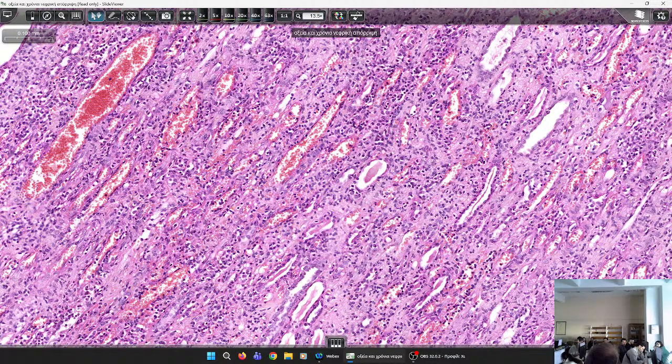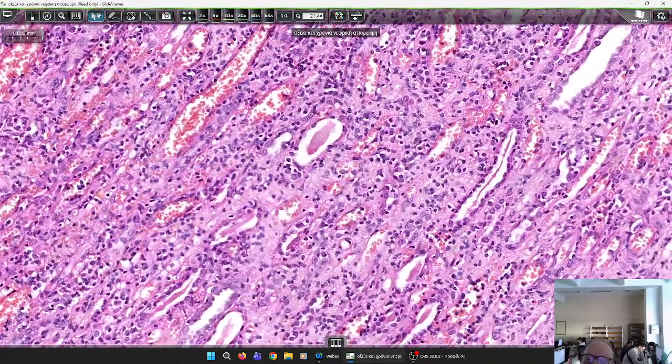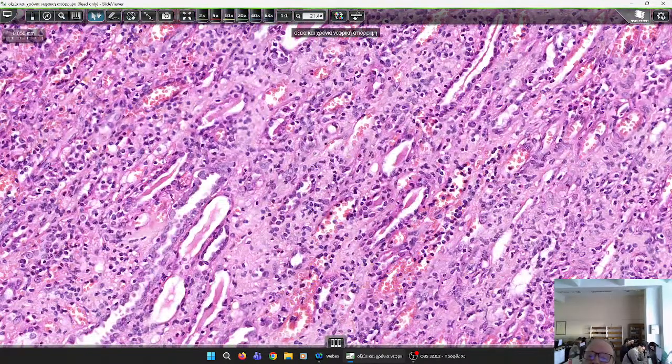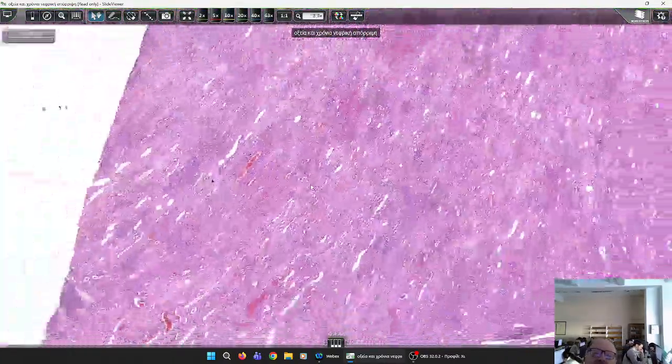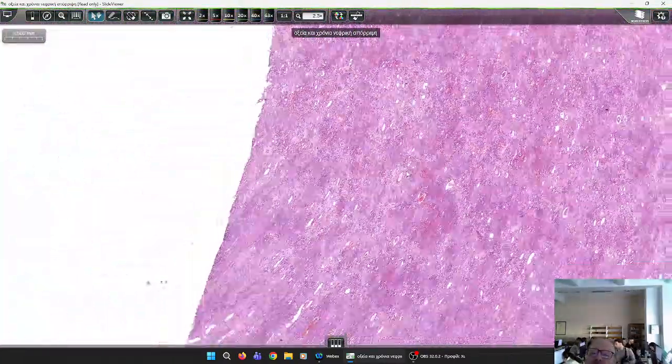Here, both types of rejection coexist. We saw the vascular rejection, and here we have the tubulo-interstitial type of rejection, which is defined by dense lymphocytic infiltrates and entrance of lymphocytes within the epithelium of the urinary tubules.